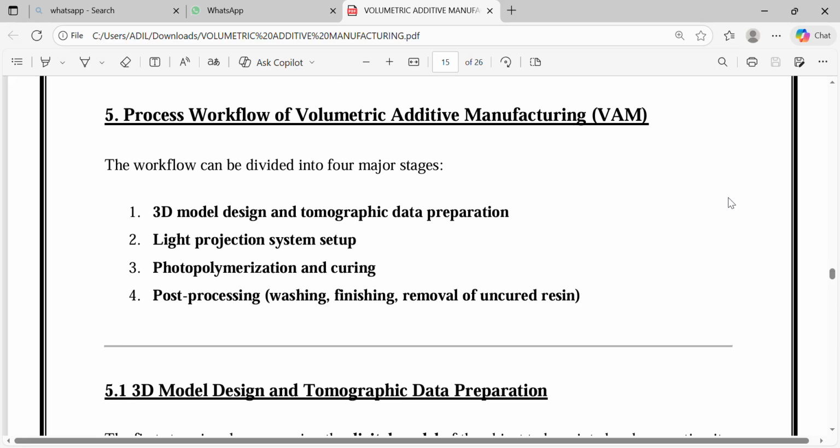After this, we move towards the process workflow of volumetric additive manufacturing. The first one is the 3D model and tomographic data preparation. Second, light projection system setup. Third, photopolymerization and curing. And fourth is the post-processing, which includes the washing, finishing and removal of uncured resin.